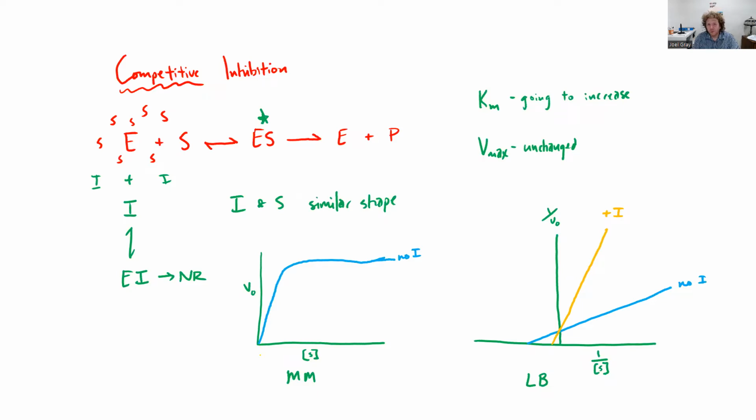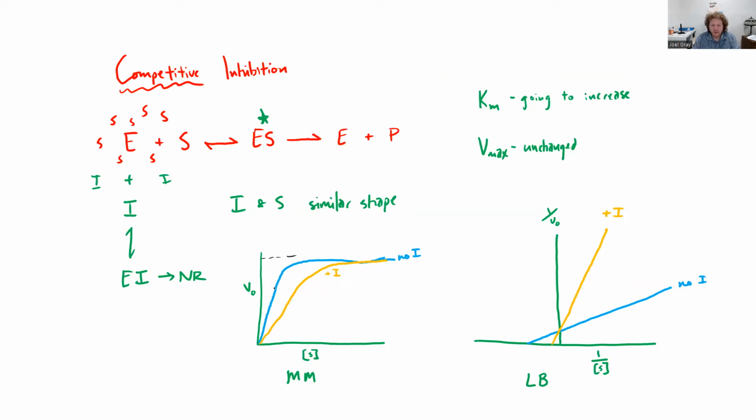Now, what does the situation with a competitive inhibitor present look like on a Michaelis-Menten plot? The only thing that's going to change is my Km. My Vmax is not going to change. So I'm ultimately going to reach that same plateau region, but I'm going to have a curve that looks a little bit like this. I'll say plus I right here. In the event that you're thinking that's a little confusing, keep in mind half of Vmax.